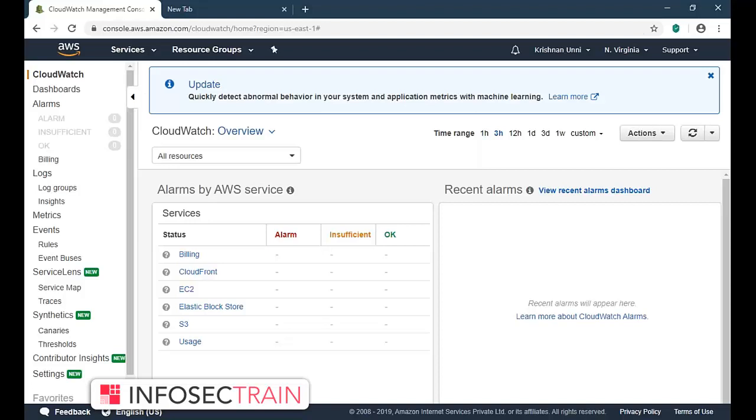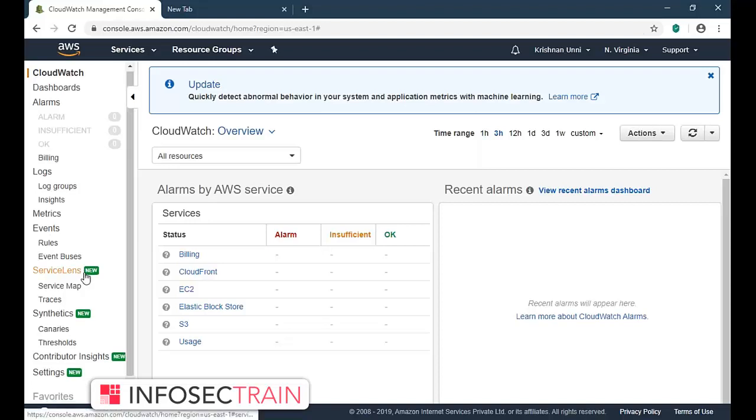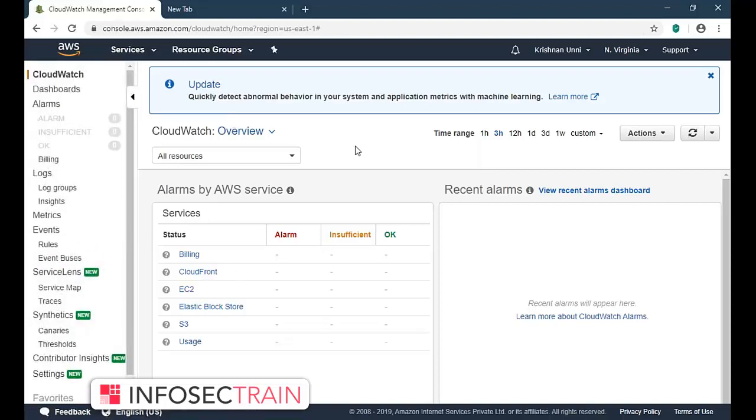Exactly, SolarWinds, exactly. A monitoring solution basically goes through the infrastructure you want to monitor and gives you a report. For example, if I want CloudWatch to monitor my EC2 servers, or my billing, or my database, whatever it is, you can configure it for that.